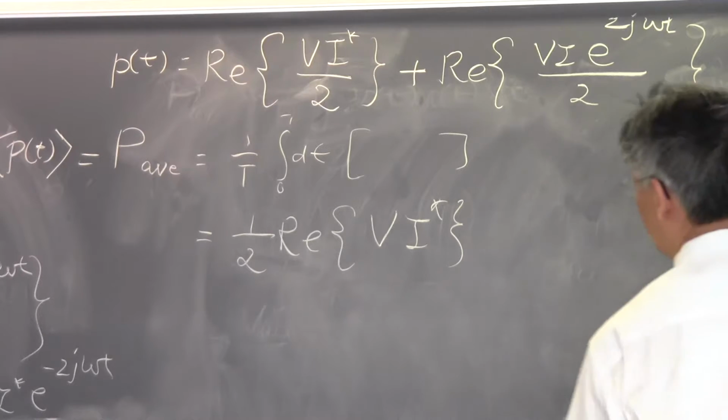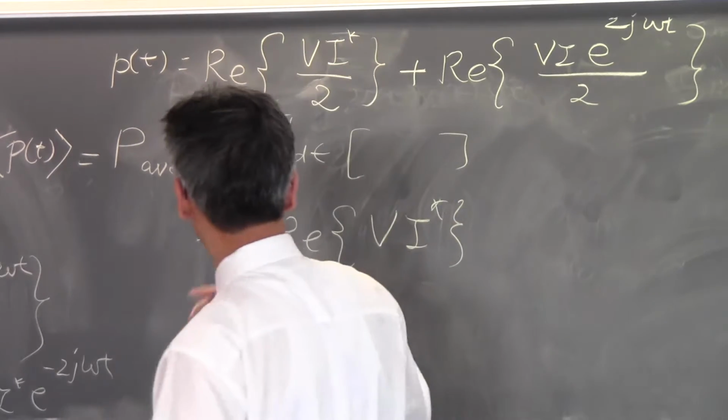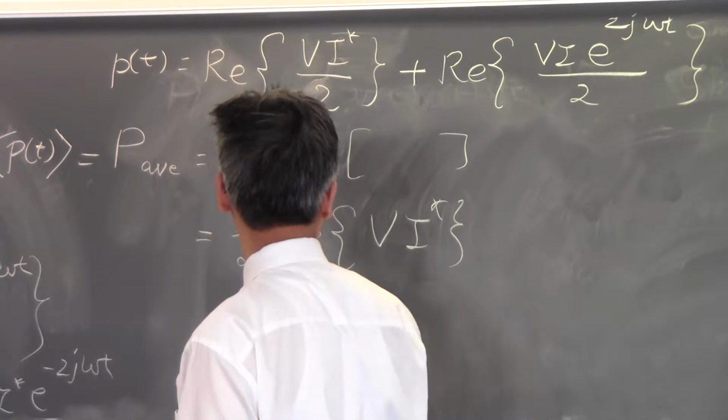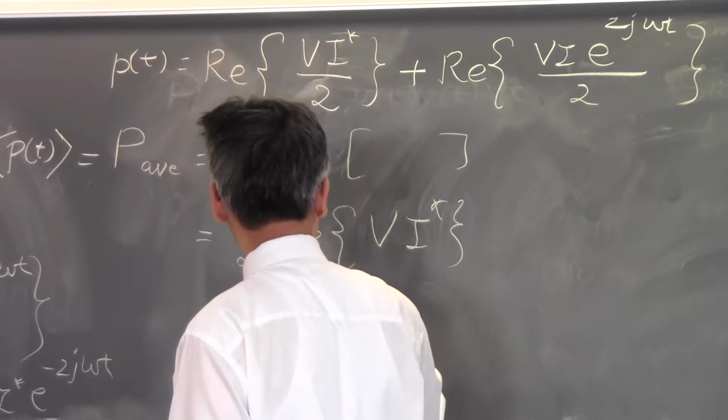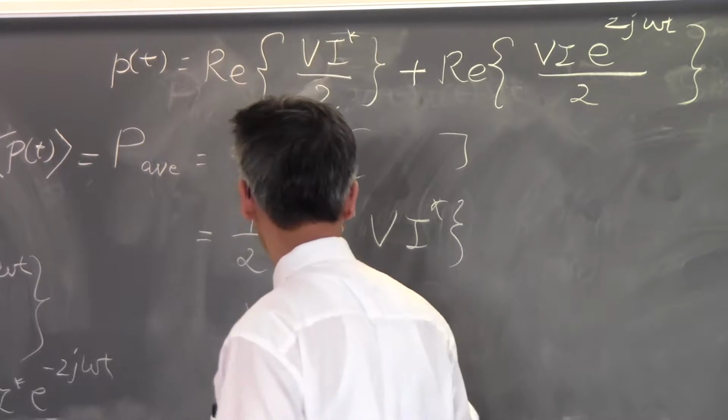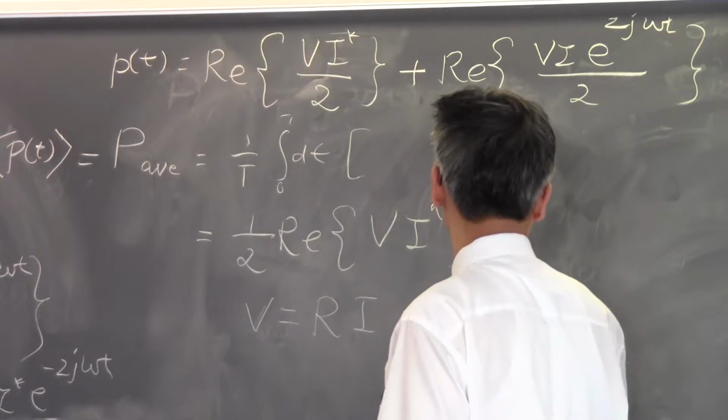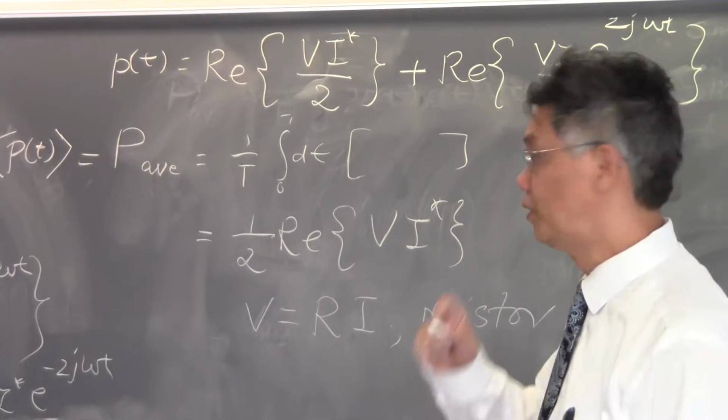So you can test this to see if it's really true for a resistive network. For a resistive network, V is equal to Ri for a resistor. This is true.